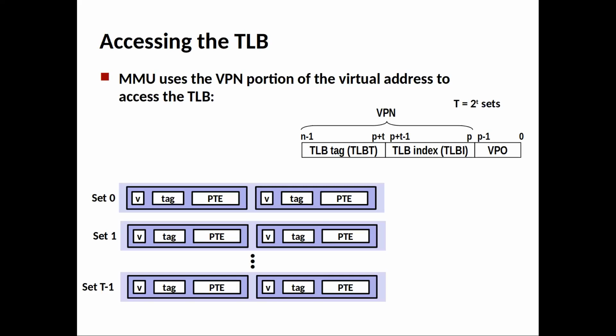So from 12 to 15, that's going to be the TLB index. And then from 16 to, let's say, 31, if you have a 32-bit address space, it's going to be the TLB tag. So again, you split a virtual page number into two pieces, and that's very similar to what we did in the past for the offset and VPN, right? So let's look at how that's going to work.